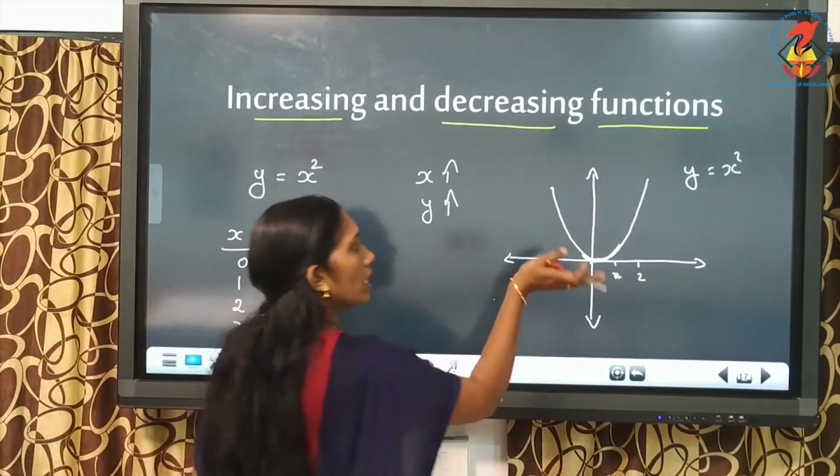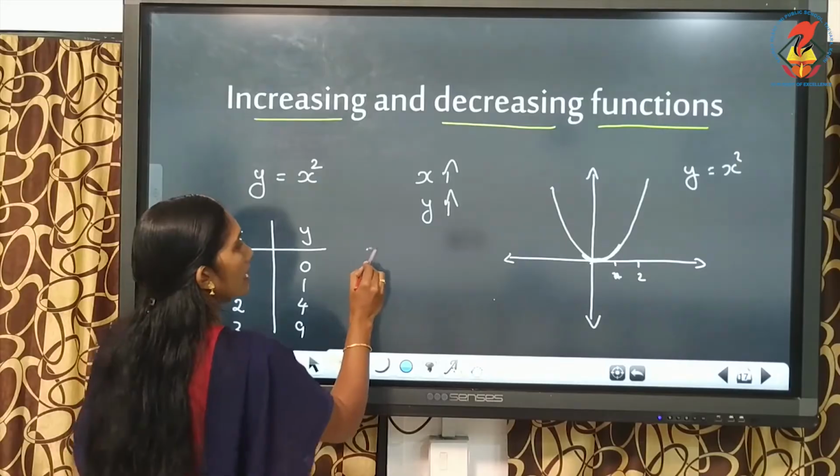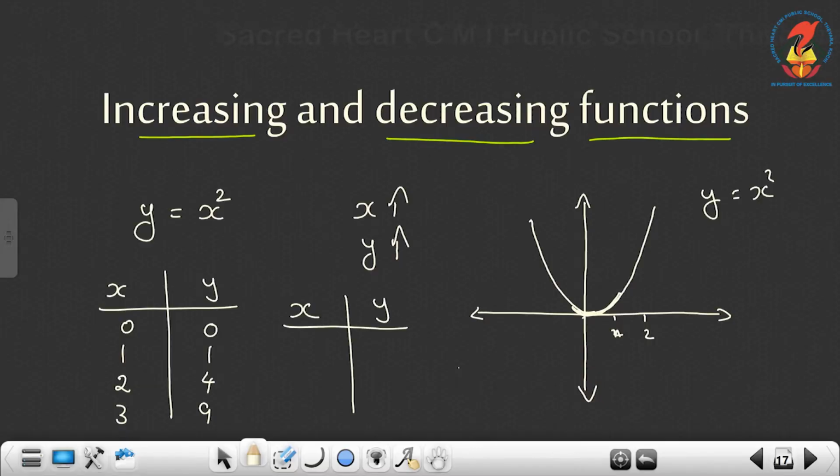Okay. Then what about the left side? Left side x and y. Here 0 is there, when x is 0, y is 0. Here we have minus 1, minus 2 like that. So, when x is minus 1, y is 1. When x is minus 2, that is 4, minus 3, 9.